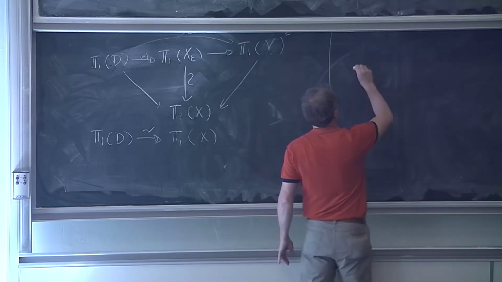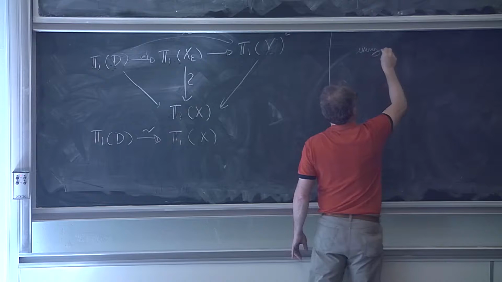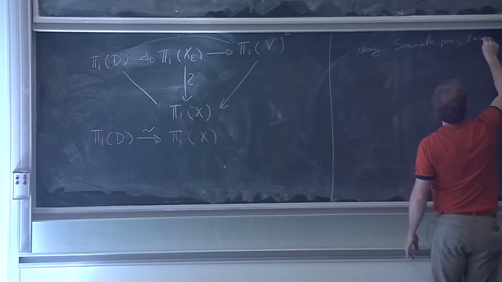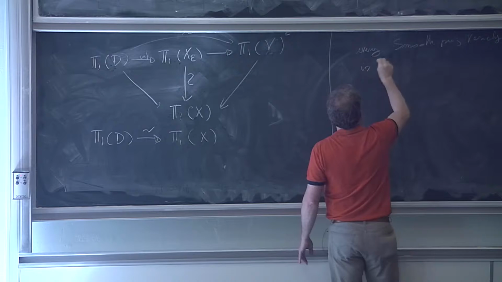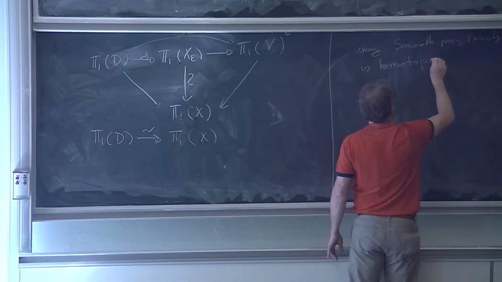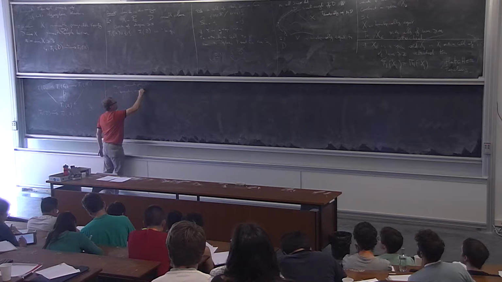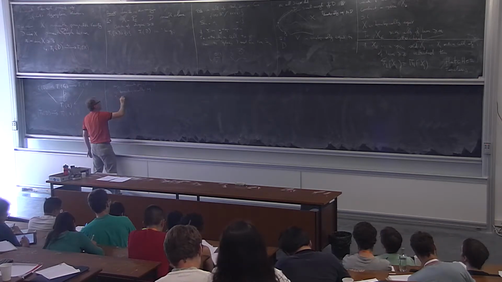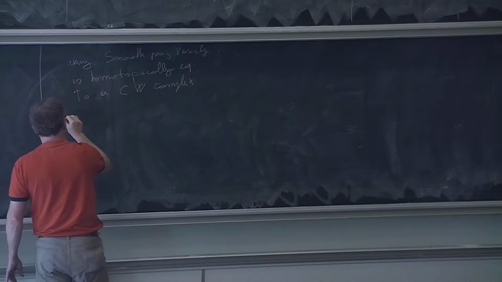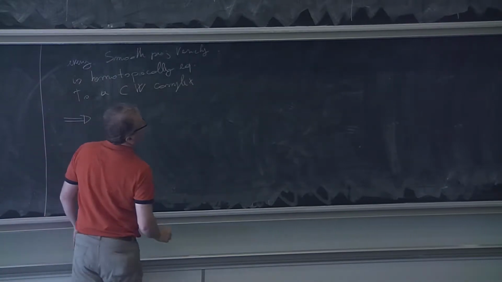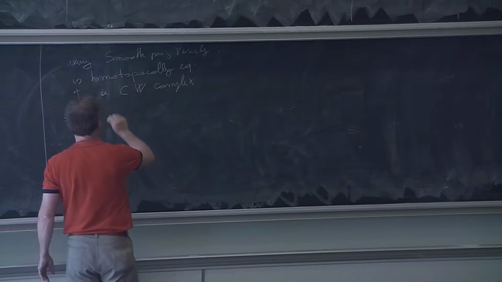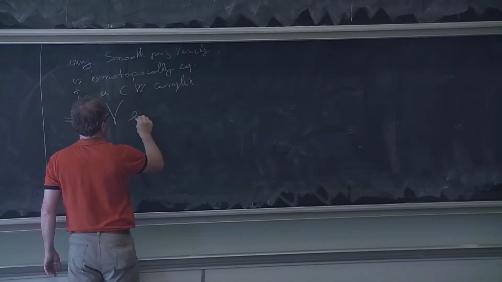And so that implies, so every smooth projective variety is homotopically equivalent to a CW complex, which in particular implies that, so I call it V, exists.